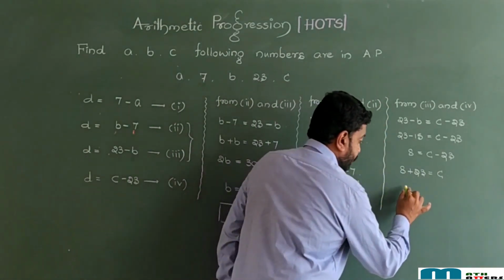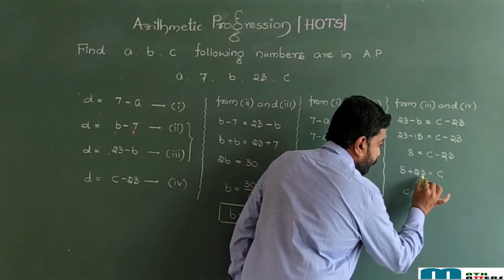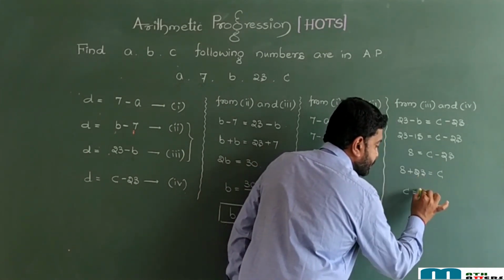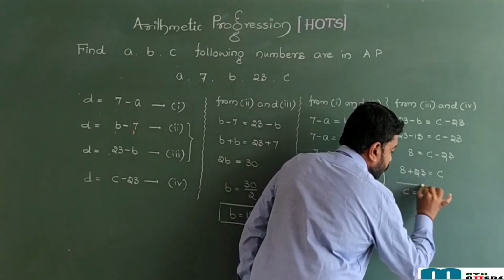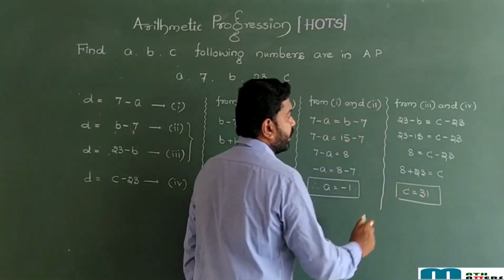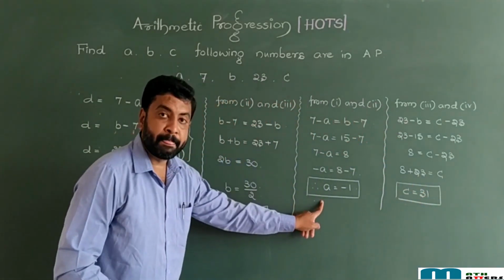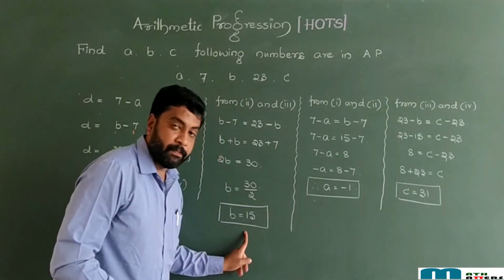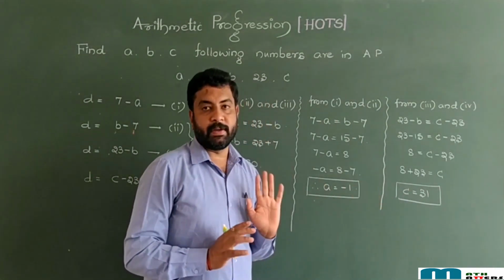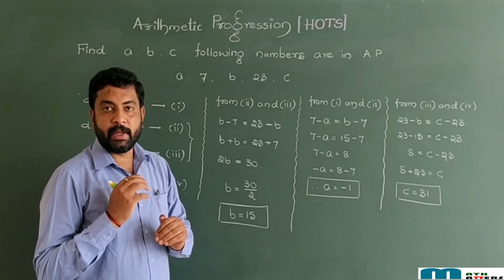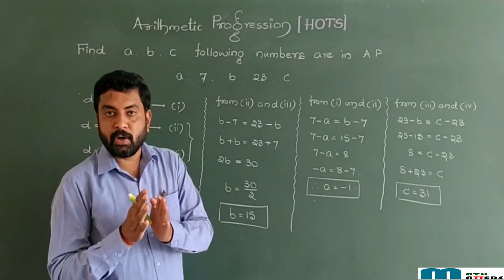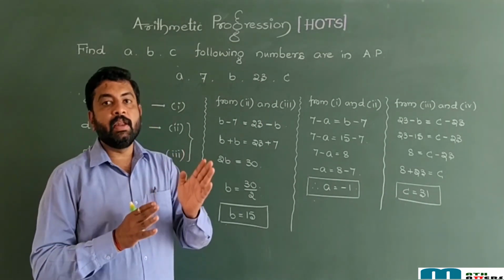Now c is equal to 23 plus 8, which is 31. You got all the values, that is a is minus 1, b is 15 and c is 31. This is how to calculate three unknown quantities in arithmetic progression.